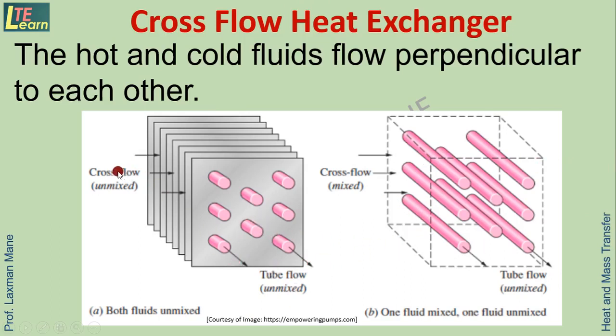In the first type, the crossflow fluid and the tube flow fluid are both unmixed. They are separated by these plates and tubes. In the second case, the fluid which is passing through the tube is unmixed, but the fluid which is passing over the tubes is mixing, so it is a mixed crossflow fluid.